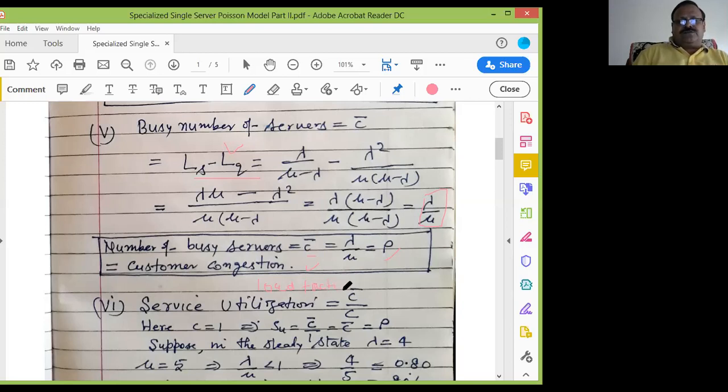This is known as the load factor. This is also known as traffic congestion.